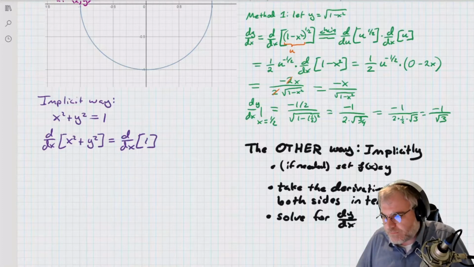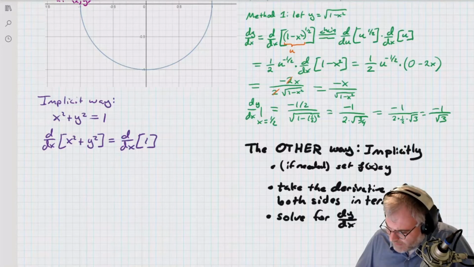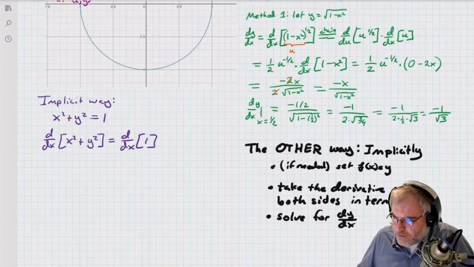So, it depends what you've got. But here what I've got is, on the left side, x squared plus y squared. And here I've got this. Now, I'm going to break the left up with the sum rule, and the right, what happens to the right side?